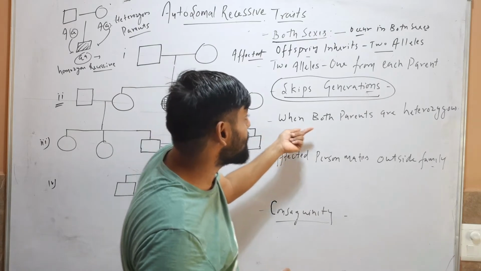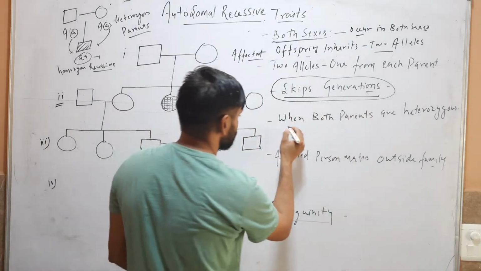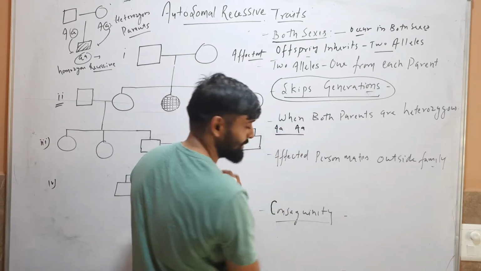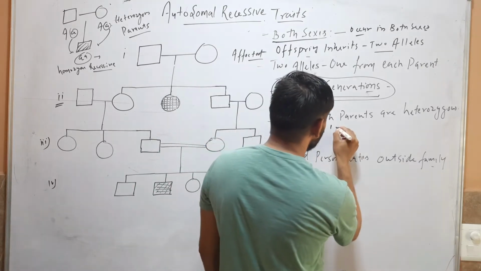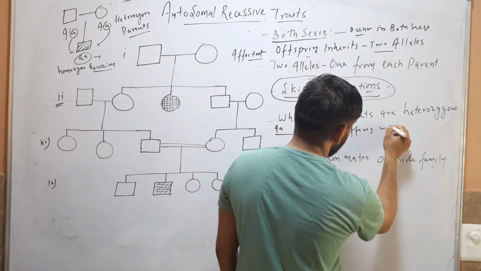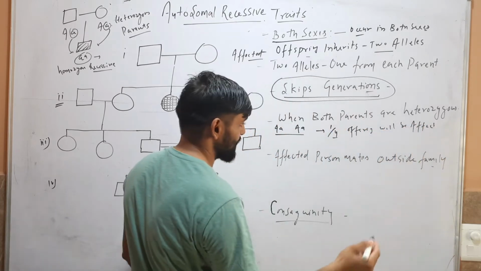Next is when both parents are heterozygous. Suppose both parents are heterozygous. When both parents are heterozygous, 1/4 of their offspring will be affected. How? You can see that.